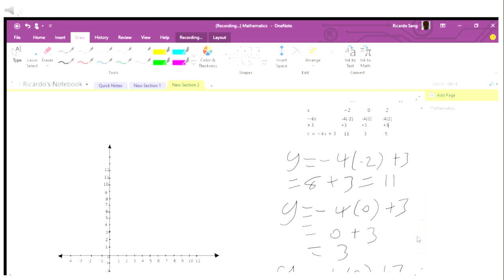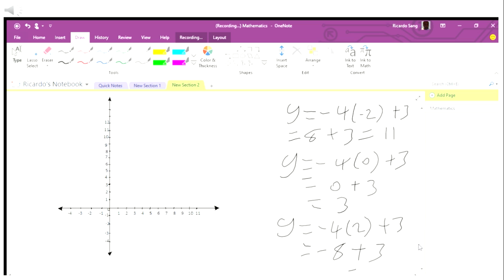Right, so the first point is negative 2 and y is 11. So negative 2 for x and y is 11. So this is where you find negative 2.